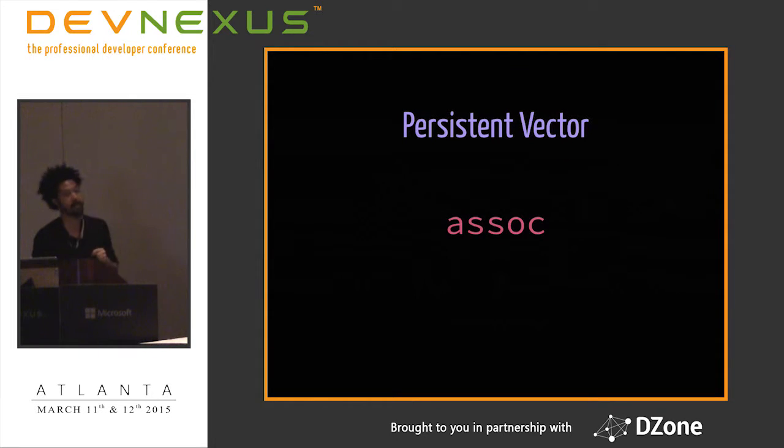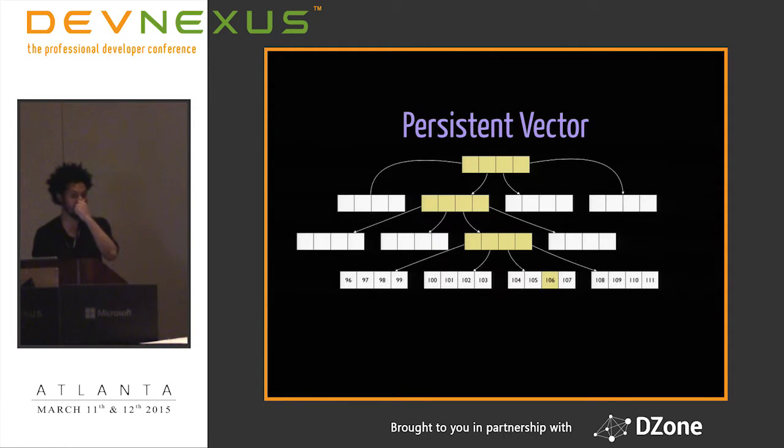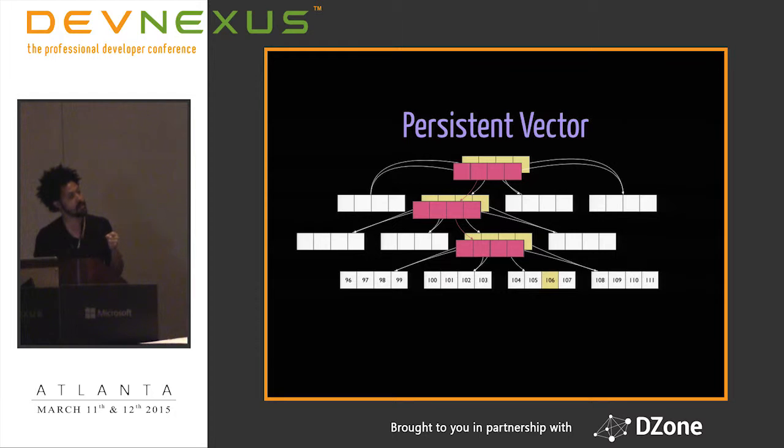So how do you update something? We want to update some value here. We can use the exact same trick that we used for lookup. All we have to do is update the path that includes the arrays that we need to change. So we just need to mutate the root, the next one on the path, the next one on the path, the next one on the path. And when I say mutate, we're not actually going to mutate.